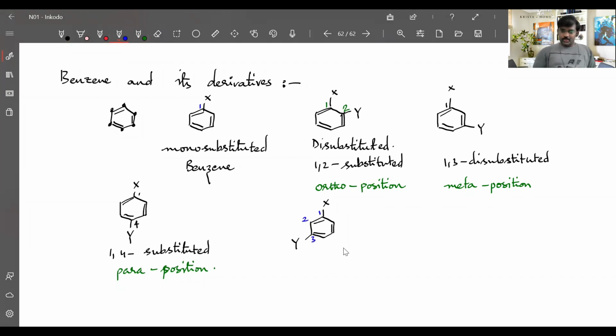So this is 1, 3 again. Similarly, if I go with 1, 6, that will become 1, 2 only again. Suppose here I added X and here Y on the 6th carbon. You cannot say it is the 6th carbon, because the numbering will start from here, and we get 1, 2 in this direction. So there are 1, 2, 1, 3, 1, 4 positions only. 1, 5 and 1, 6 won't be there.